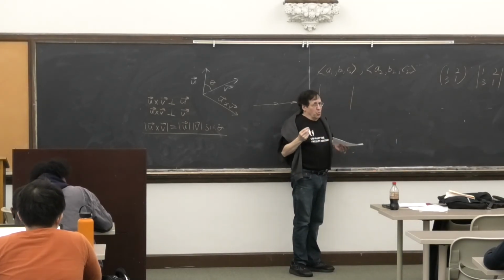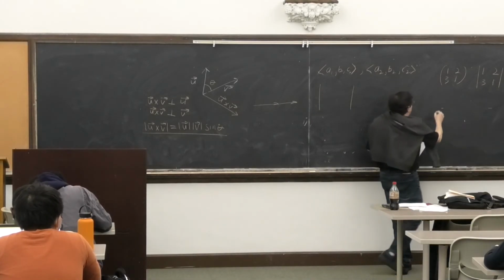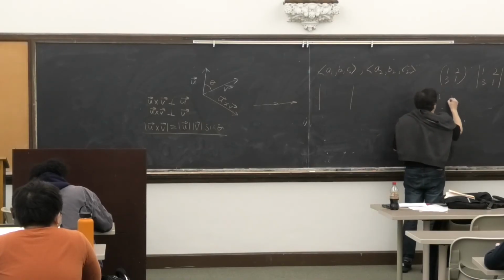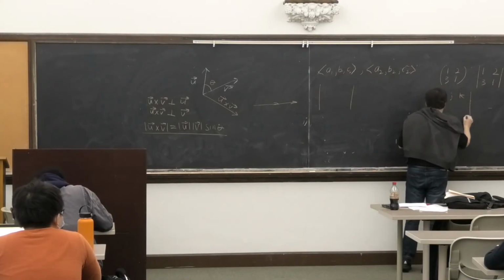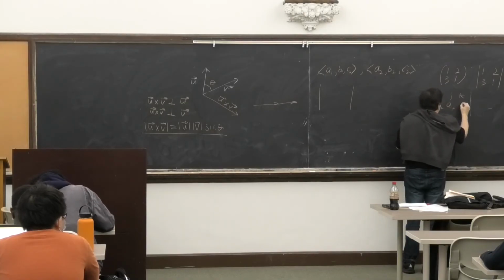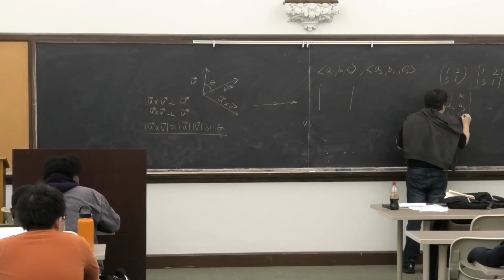Now, when you go to a 3 by 3 matrix, such as this one, well, we're going to use different letters here, A2, A3, B1, B2, B3.